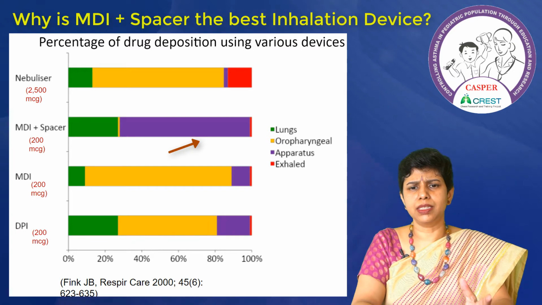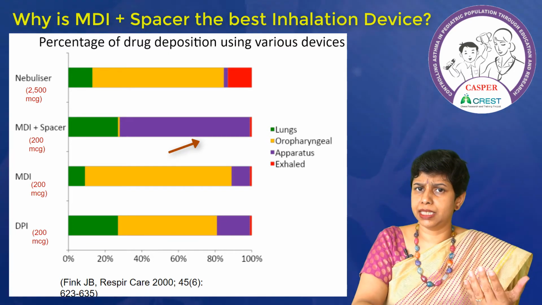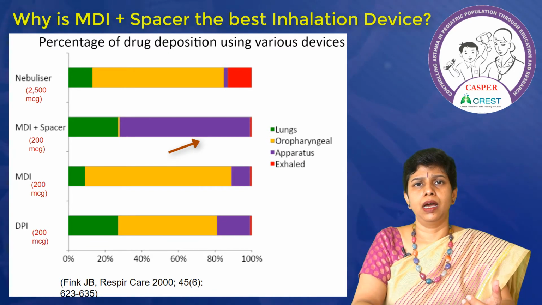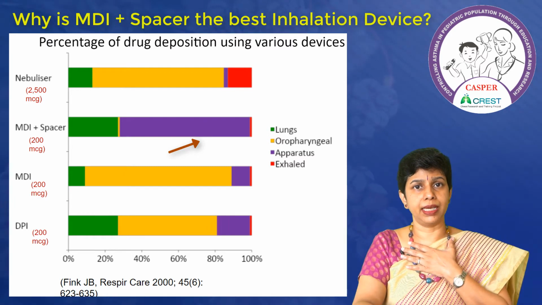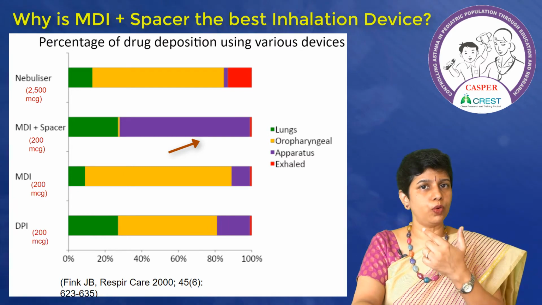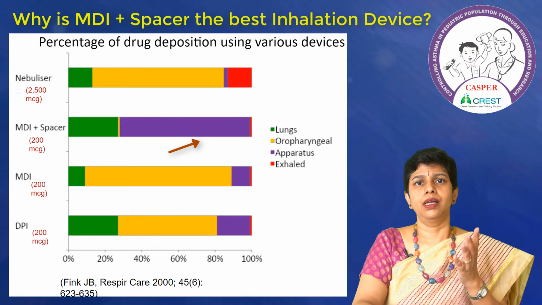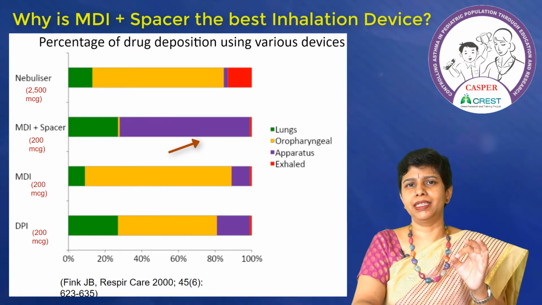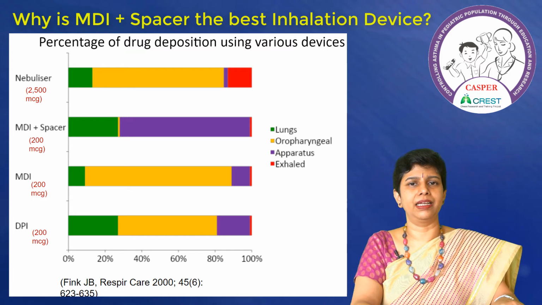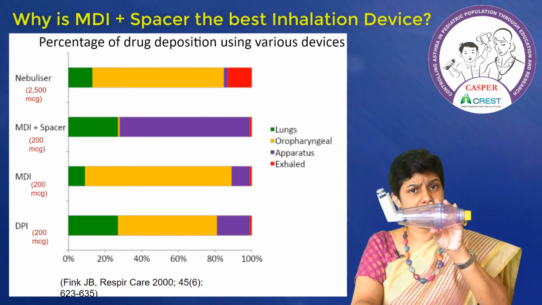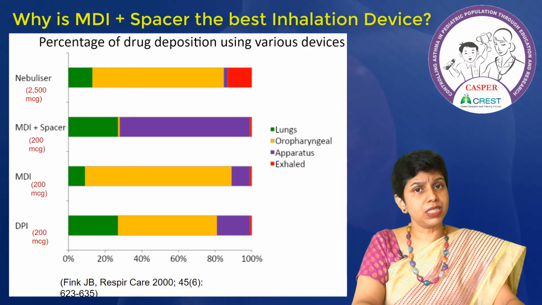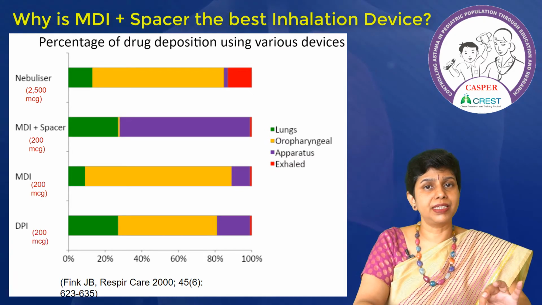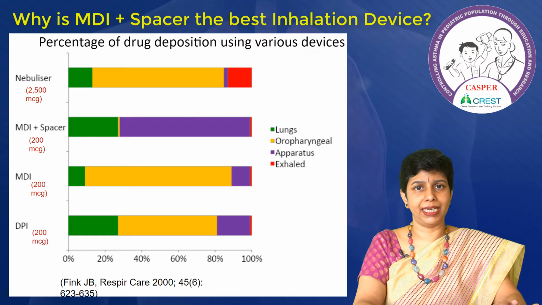And of course, this is the drug that is wasted, it remains in the apparatus. So it's okay. As long as the drug deposition is good and oropharyngeal deposition is minimal, that is what we want from an ideal device, and that is what we get with an MDI and spacer. So an MDI and spacer is the most effective and the safest device to be used for inhalation therapy.